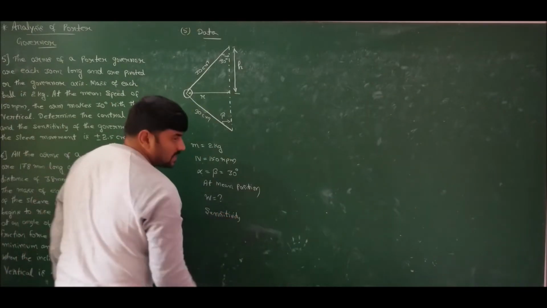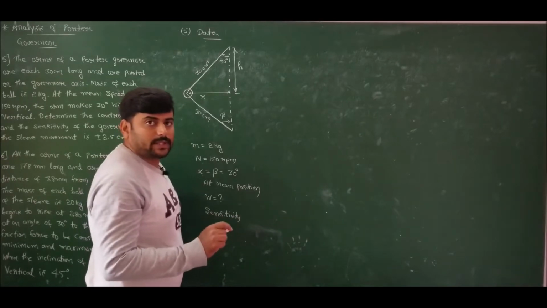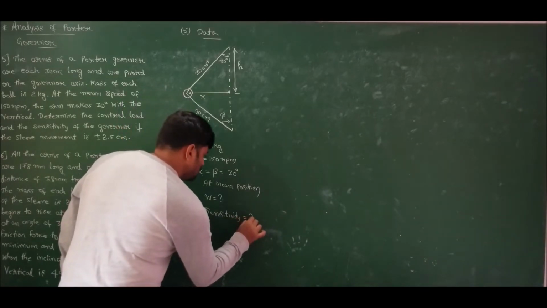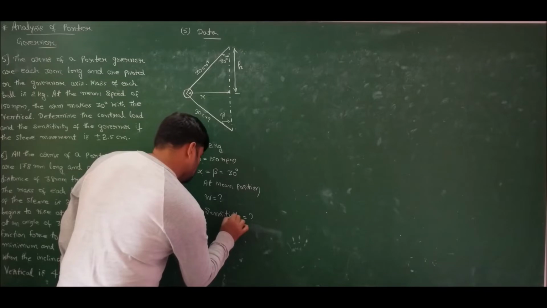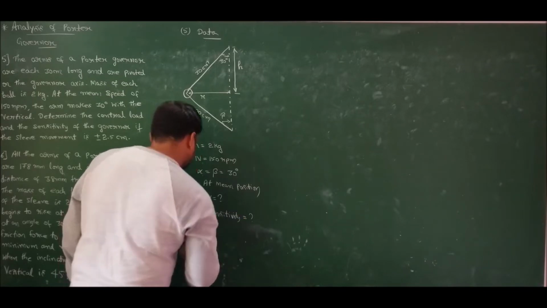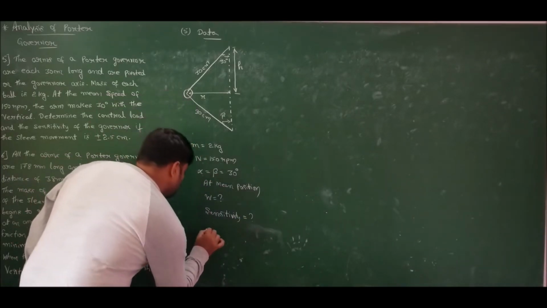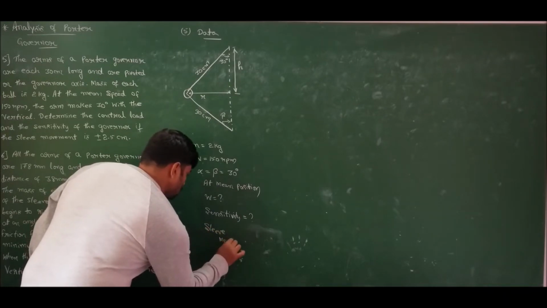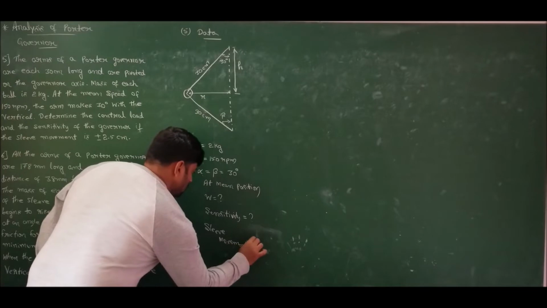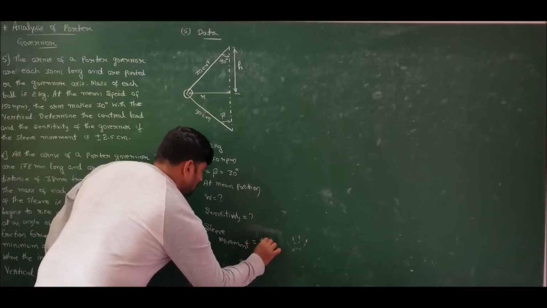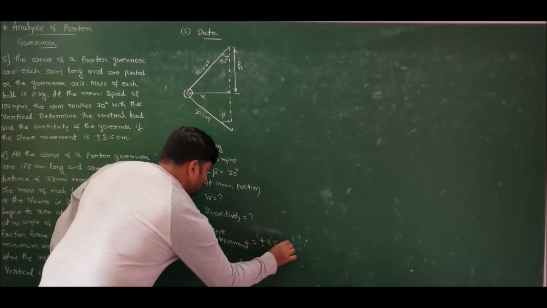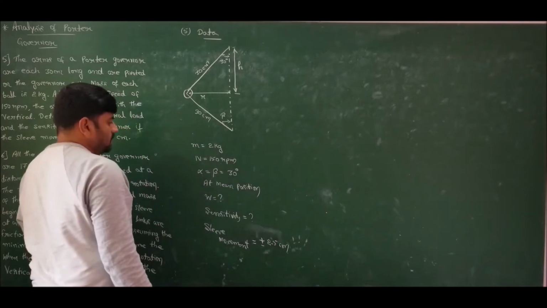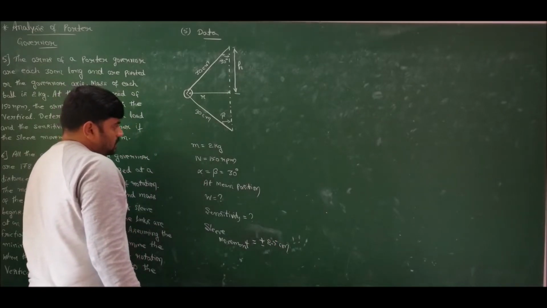You people already know sensitivity is nothing but range of speed to the average speed or mean speed. Sensitivity for a sleeve movement, so is specified the sleeve movement is plus or minus 2.5 centimeter. So this is the given problem for us.